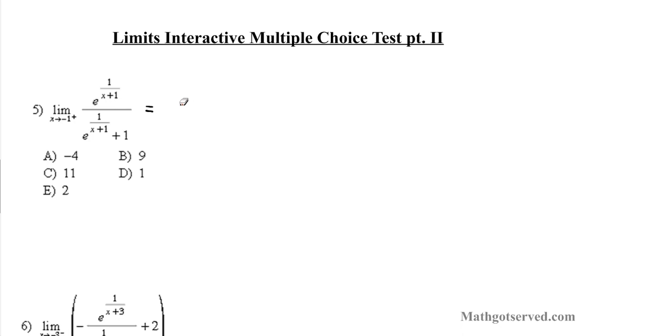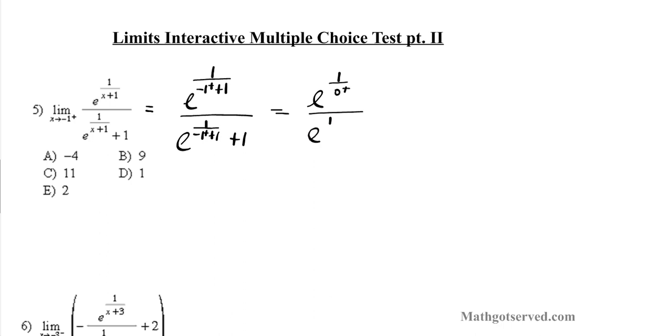So we're going to have e to the 1 over -1 from the right plus 1, divided by e to the 1 over -1 from the right plus 1, plus 1. Okay, this becomes e to the 1 over 0 from the right divided by e to the 1 over 0 from the right plus 1.